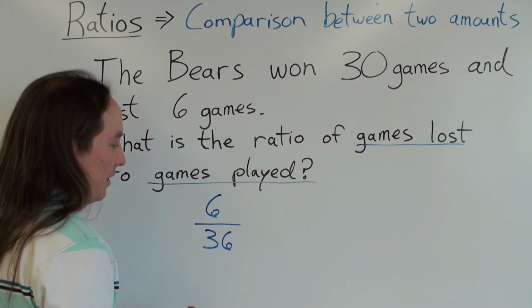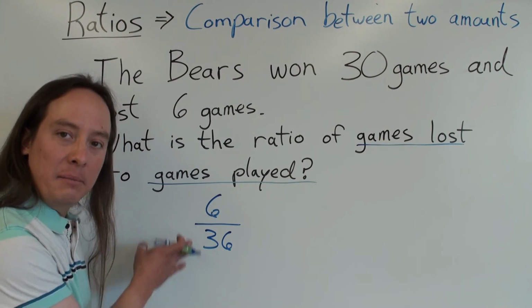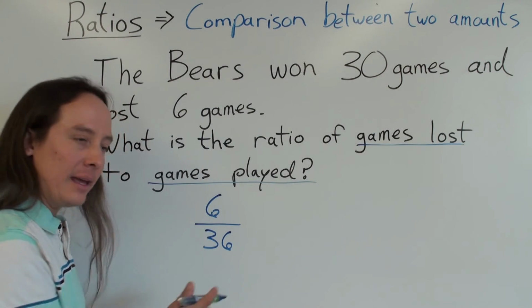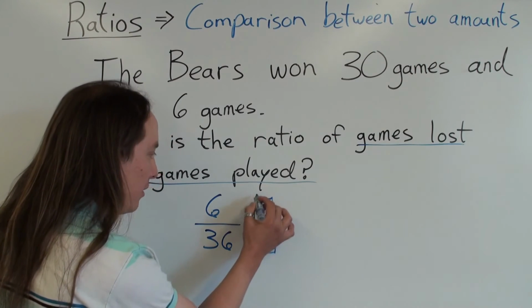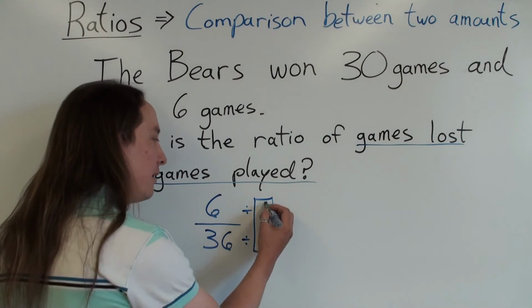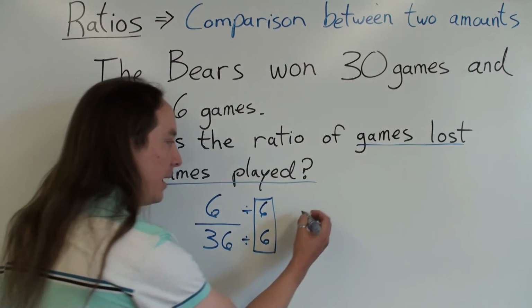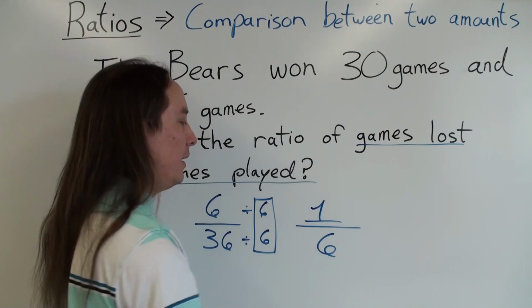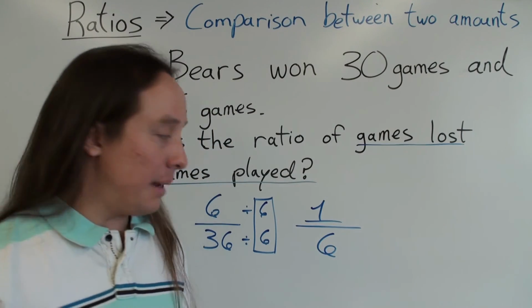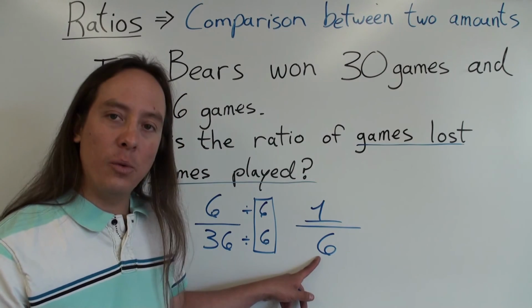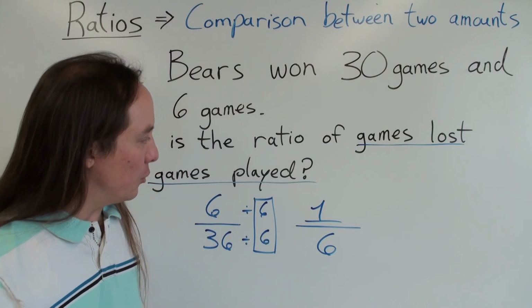Then I look to see if this ratio can be reduced to a lower form, and yes, it can. Remember that reduction is a division, so we divide both by 6. Then I get 1/6, and that's it. I can't make it any smaller. It is not a unit rate, because there's not a 1 on the bottom. It's just like that, and that's fine.